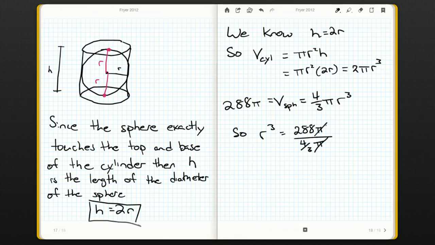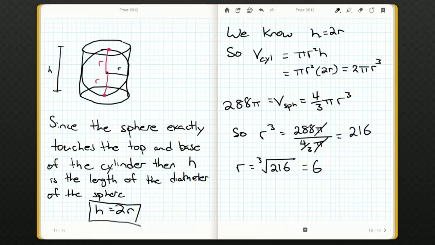Well, these pi's are going to cancel each other out. And you're going to be left with 288 divided by 4/3. That's going to give us 216. Well, fortunately, 216 is a cube of a nice little number. It's going to be 6. So the cube root of 216 is 6.